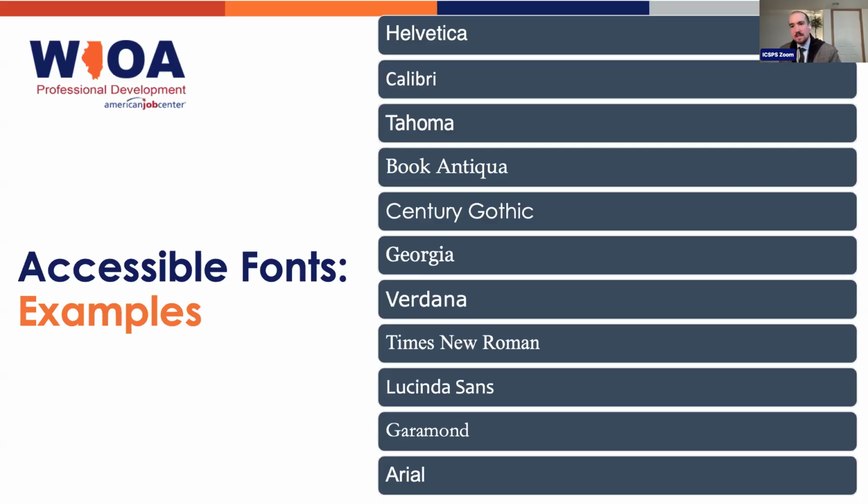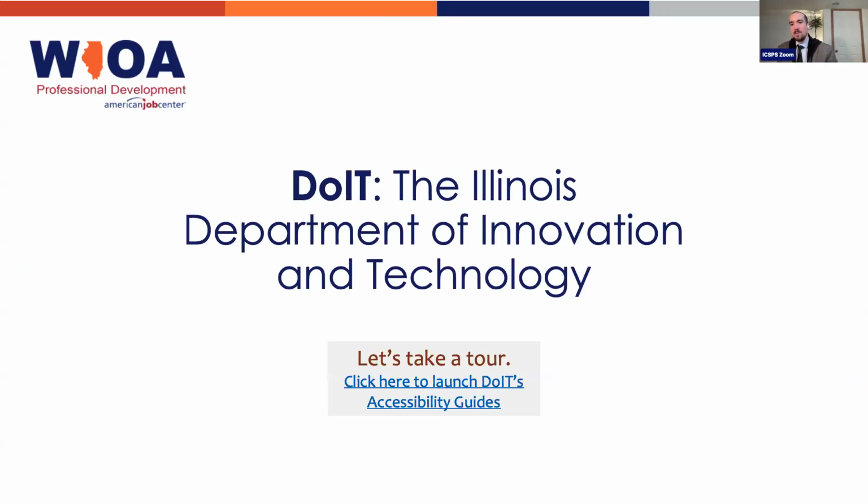And there are more than just these, but these are a good smattering of them if you need a tool to look at. And these slides will be available to you on the Workforce Academy. The other thing that I really do want to show you is the Department of Information and Technology's accessibility guides. For the sake of easiness, I'm not going to show you exactly what they look like, but you do have the link here.